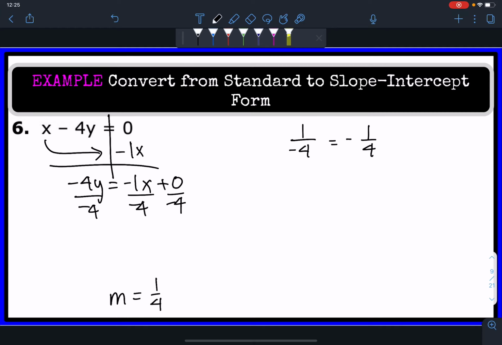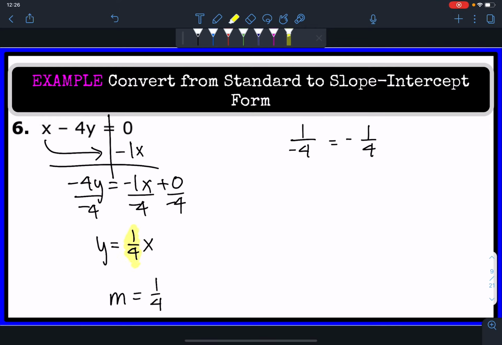Now dividing by -4, y is going to be by itself, which is what we want. Negative divided by negative is positive. So we end up with +1/4x plus 0. Adding 0 again is redundant, so I'm not going to write that. It's not necessary to say that we're going to add 0. So I'm going to leave the equation in that format.